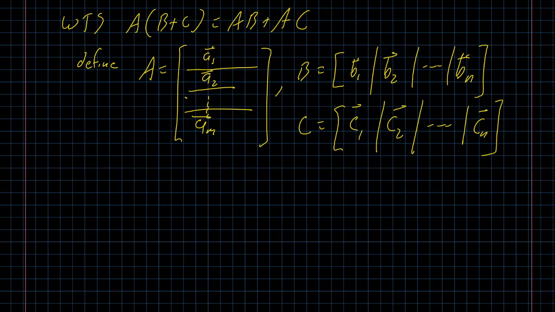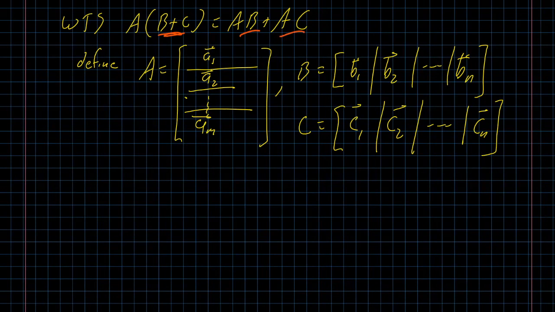B and C have to have the same number of columns, otherwise this bit of addition wouldn't be defined. And the vectors A, B, and C, all of them have to have the same number of entries, otherwise the multiplication wouldn't be defined.